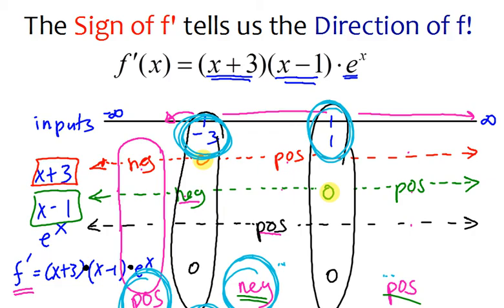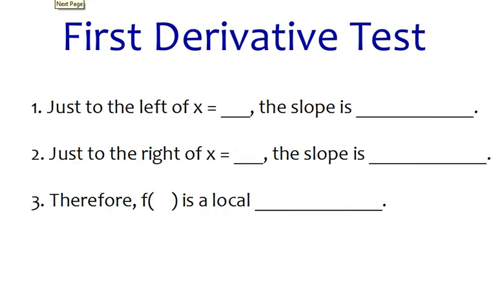So at x equals 1, at our second critical number, to the left, the slope was negative. And to the right of that critical number, the slope is positive. And therefore, the output is a local minimum.